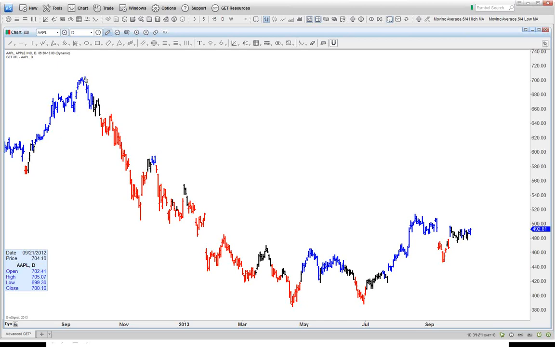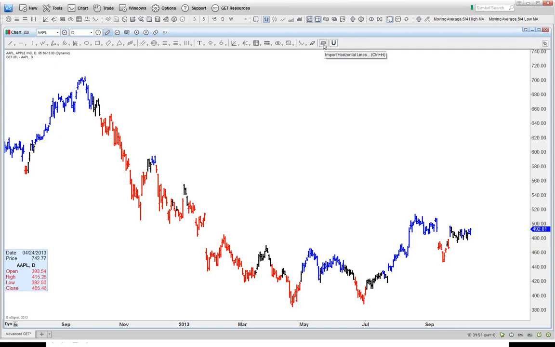You can see I've got a high all the way back on 9/21 of 2012. If I put my cursor right on that bar, we've got a high of 705. That's where Apple peaked. Well, I have built an Excel file with those square of 9 levels so that I can put this on my chart very quickly and easily.